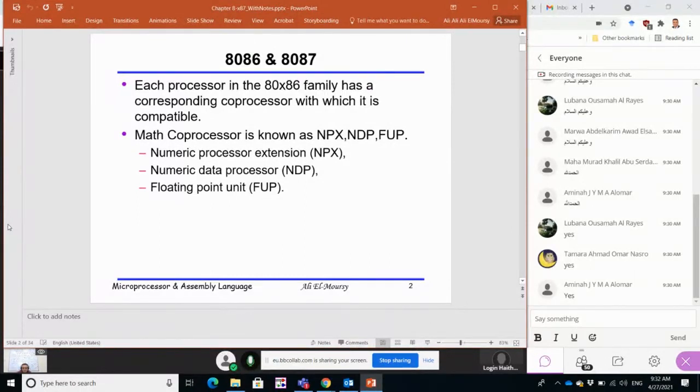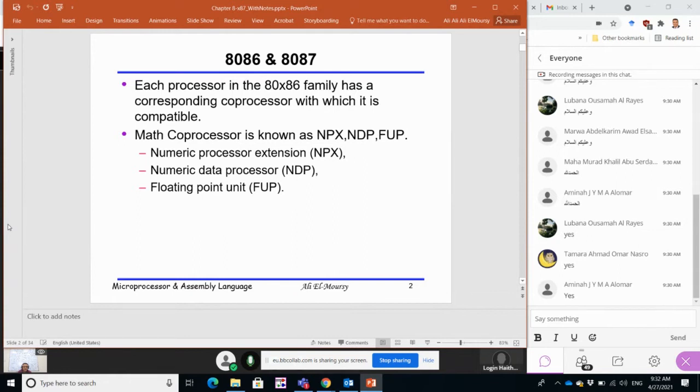I think throughout the last maybe 3 lectures, we have shown how complex the floating point representation is, and how to represent numbers in floating point. Accordingly, the hardware to perform those mathematical operations for floating point is not that easy.